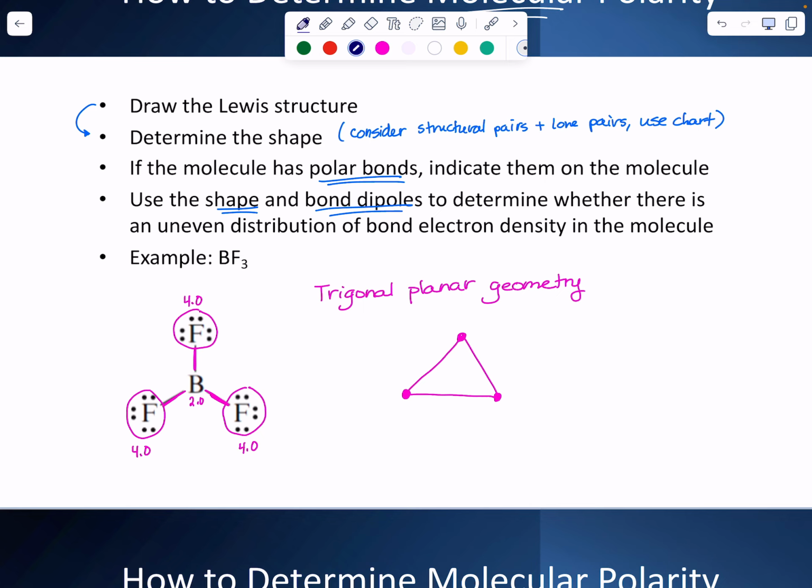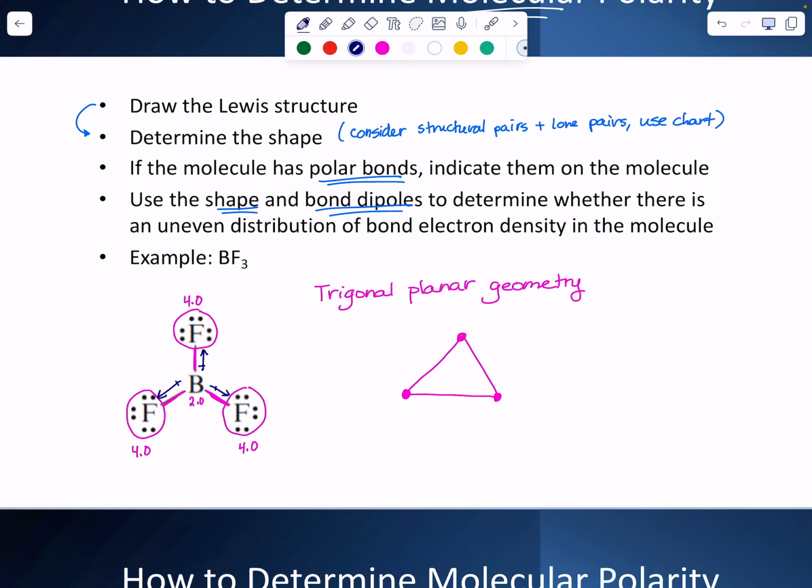They are going to be polarized in the direction of the fluorine, right? So I'm going to draw my bond dipoles, and they're all pointing towards the fluorine.